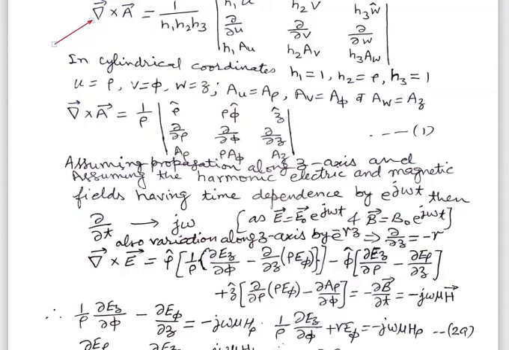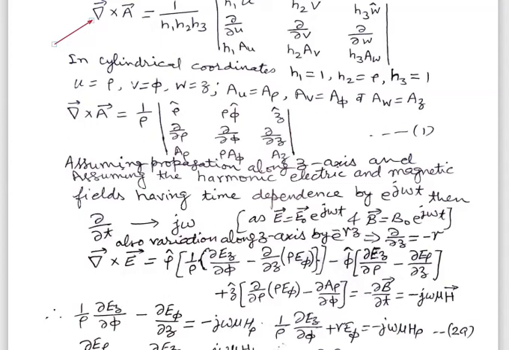In this way, the fields may be represented by E vector equal to E0 e raised to the power j omega t, magnetic field may be represented by B vector equal to B0 e raised to the power j omega t, and the operator del over del t may therefore be replaced by j omega.